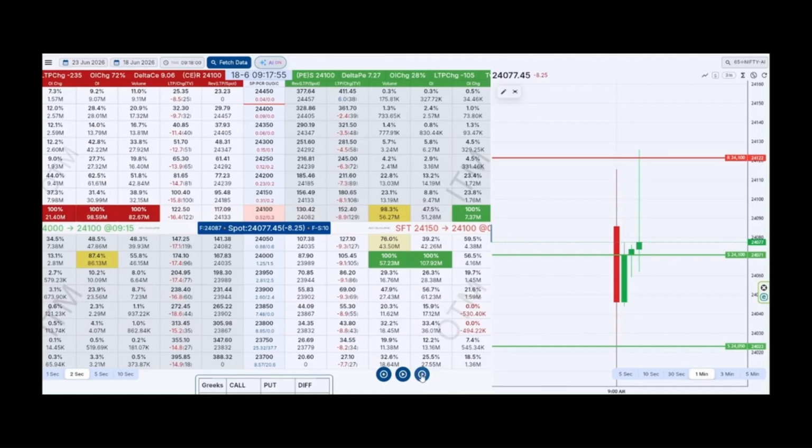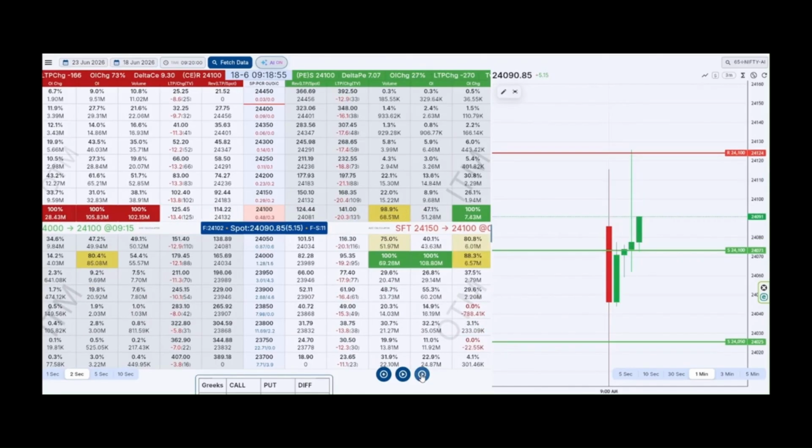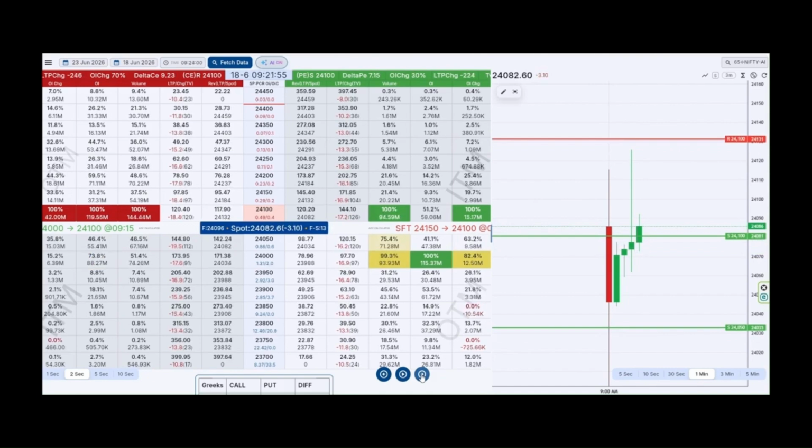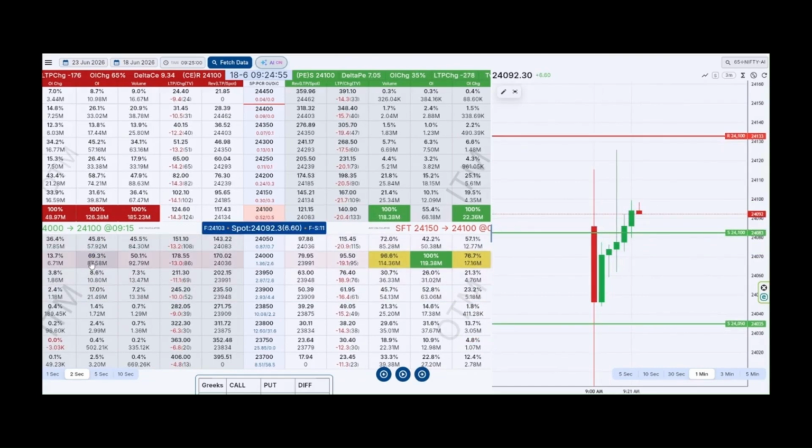So, we can expect a possible top reversal from 24,100. Now let's check the put side. On the put side, we need high put volume and high put OI change. More importantly, the put OI change must be greater than the call OI change. Also, the put OI should not be higher than the call OI. Only then is the top reversal condition valid.